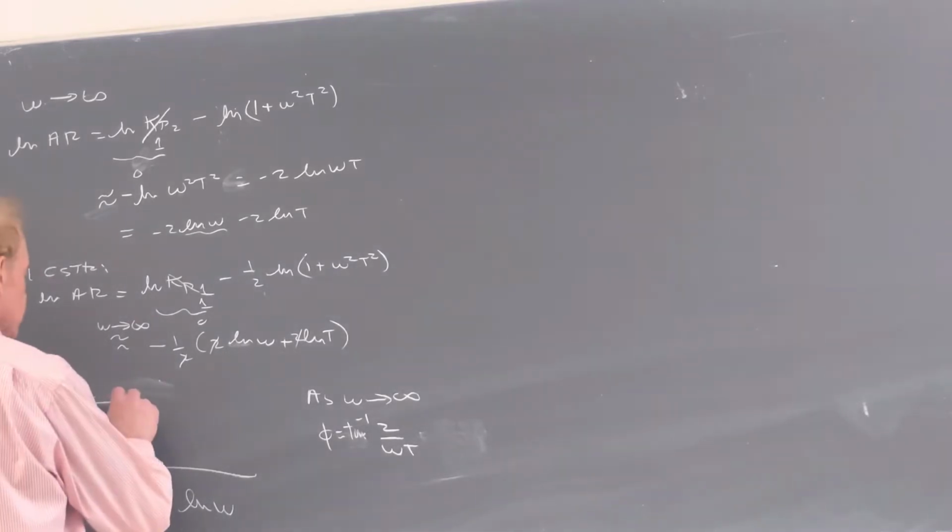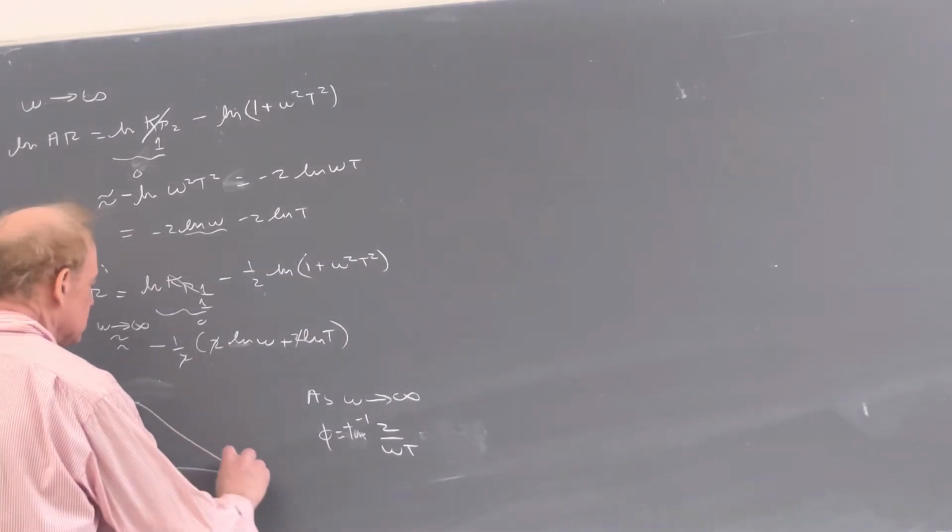So I'm switching from this branch to this branch. I'm going from minus infinity to plus infinity. And then when I follow it further down as omega goes to infinity, where the denominator dominates the numerator, I move down this branch to minus pi. I'm not sure that's so easy to follow, and we'll have an easier way of doing it in a week or two. But that's why this thing goes effectively like that. So as omega goes to 0, it goes to 0. As omega goes to infinity, it goes to minus pi.